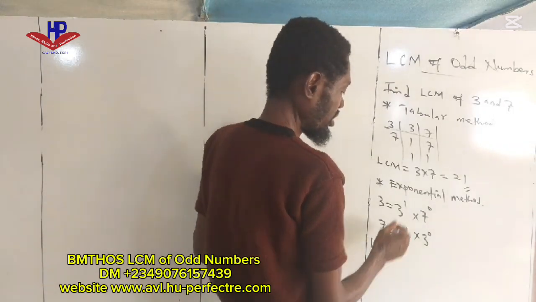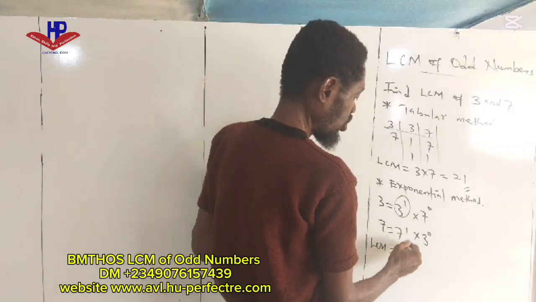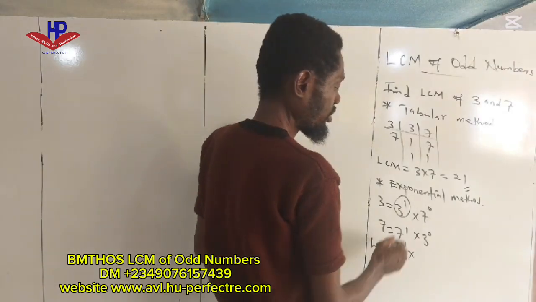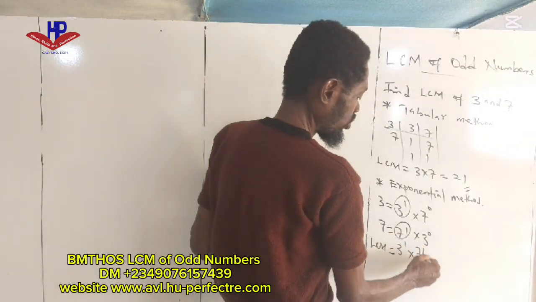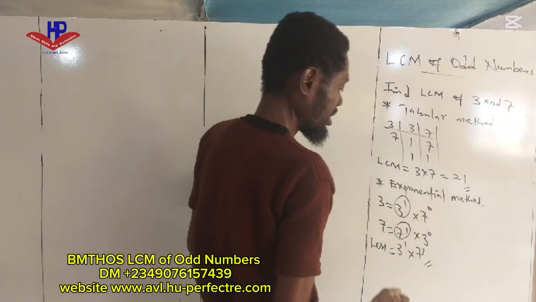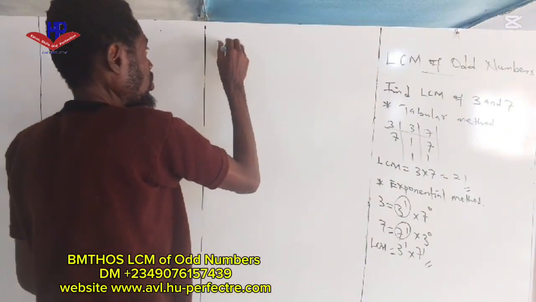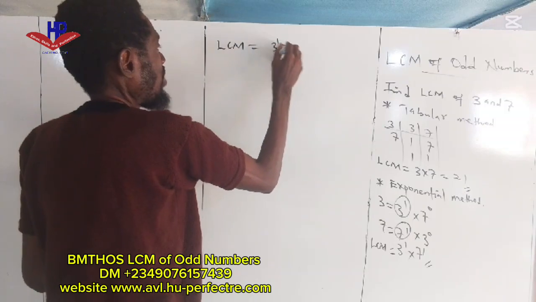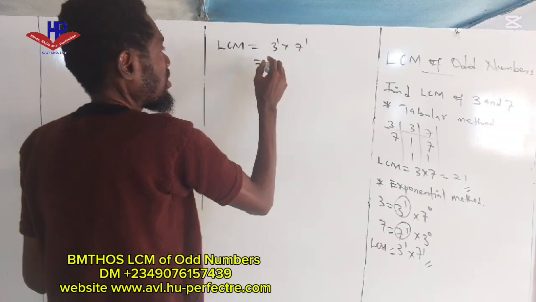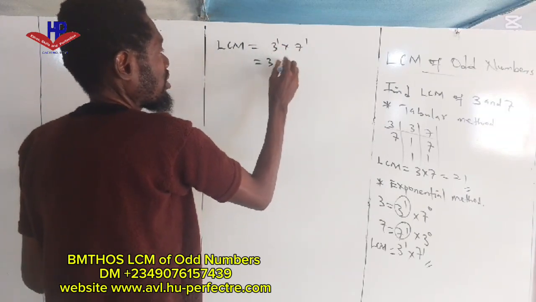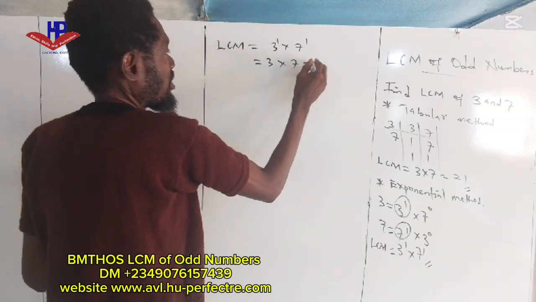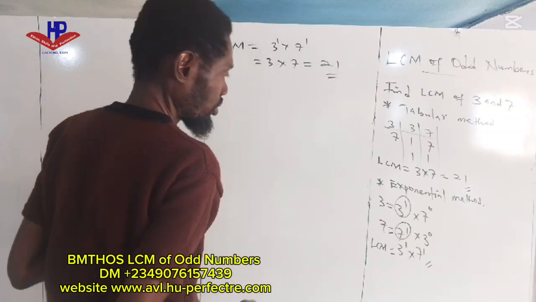In the families of 3, this is the highest power, 3 to the power 1. In the families of 7, here is the highest power, 7 to the power 1. This is your answer in exponential form. Or you can express your answer as a whole number: 3 to the power 1 is still 3, 7 to the power 1 is still 7. That will give us 21 as a result.